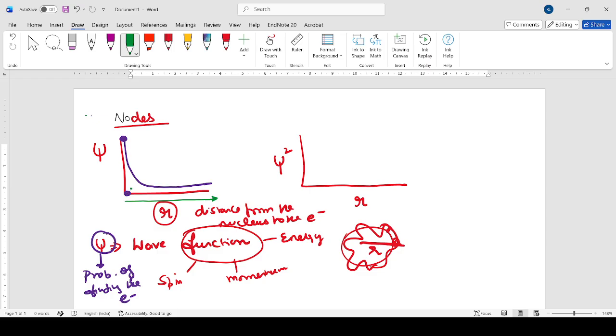The graph shows that when you are very close to the nucleus, you find maximum electron density. That's what it shows. It says that if I'm very close to the nucleus, the electrons are more.